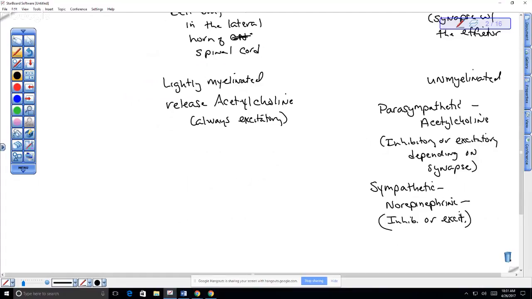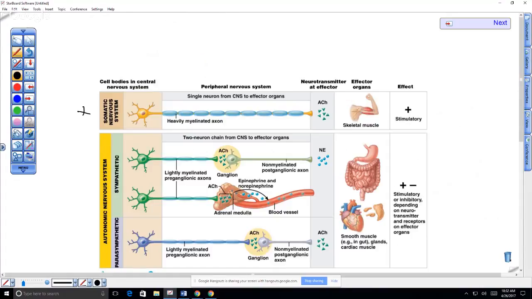That diagram that I showed you actually has all of this information on it, and it's very nicely summarized in this diagram, okay? If we look at this, the nerve cell bodies are in the lateral horn, right? So right here, these are the nerve cell bodies. These are the ganglia. When we look at the ganglia, we can determine whether the ganglia is close to the central nervous system or far away.